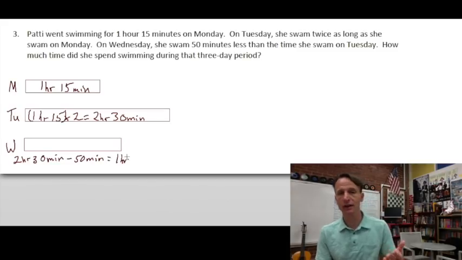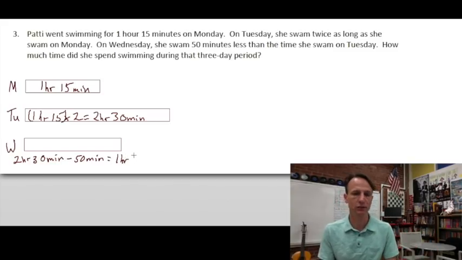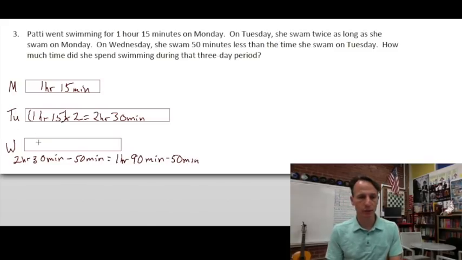And the other hour I'll decompose as 60 minutes, combined with the 30 minutes already present is 90 minutes. And now I can subtract the 50 minutes. So the 1 hour still remains 1 hour, but 90 minutes minus 50 minutes is 40 minutes. You notice I'm doing the math as I go here.